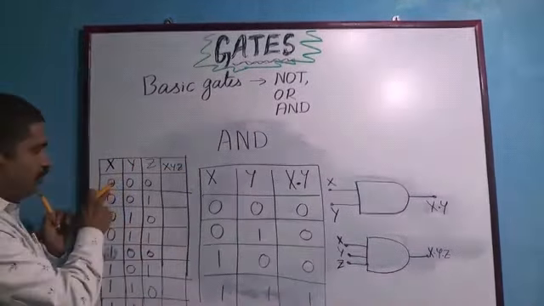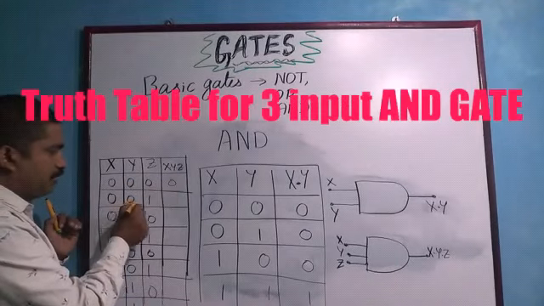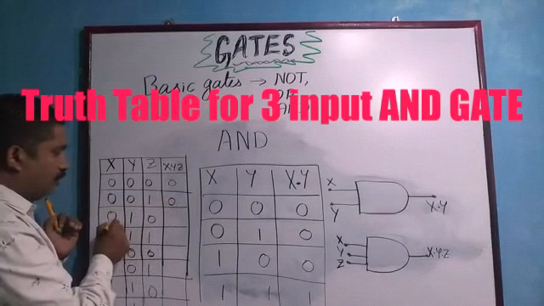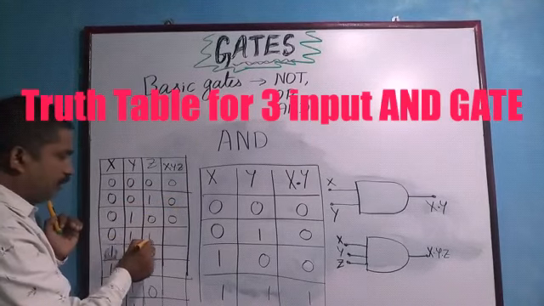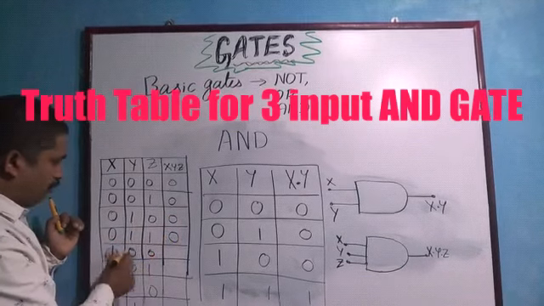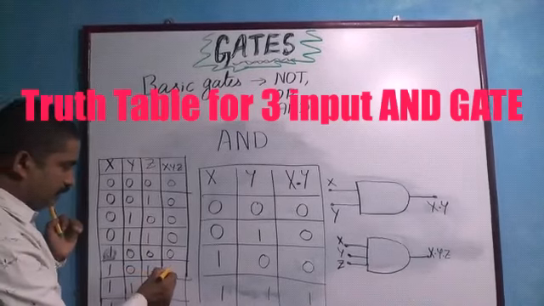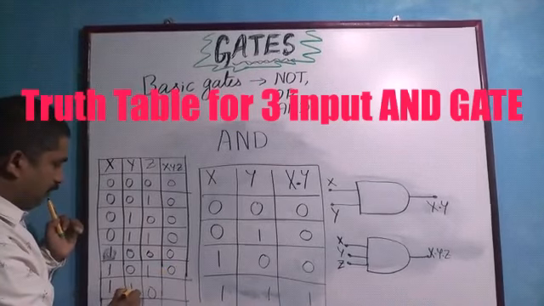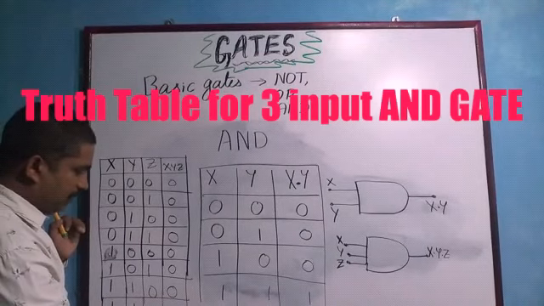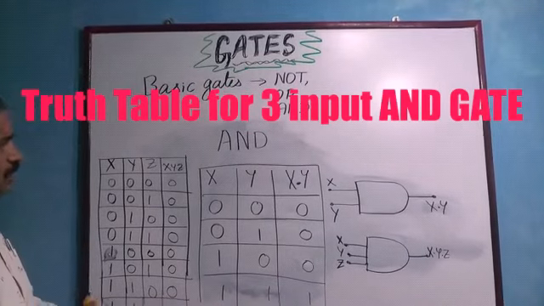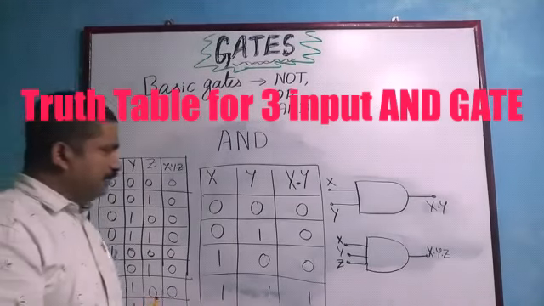What is 0 into 0 into 0? 0. 0 into 0 into 1? 0. 0 into 1 into 0? 0. 0 into 1 into 1? 0. 1 into 0 into 0? 0. 1 into 0 into 1? 0. 1 into 1 into 0? 0. 1 into 1 into 1 is always 1. So this is the truth table for 3 inputs for AND gate.